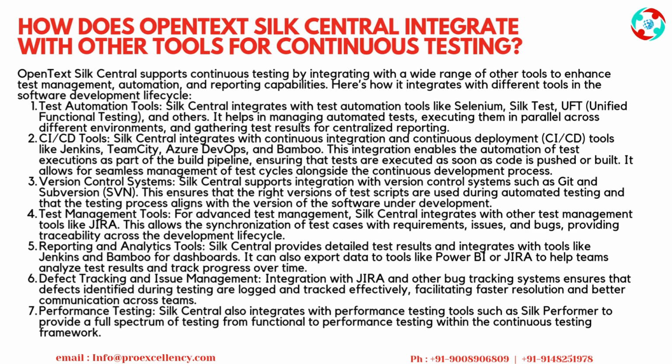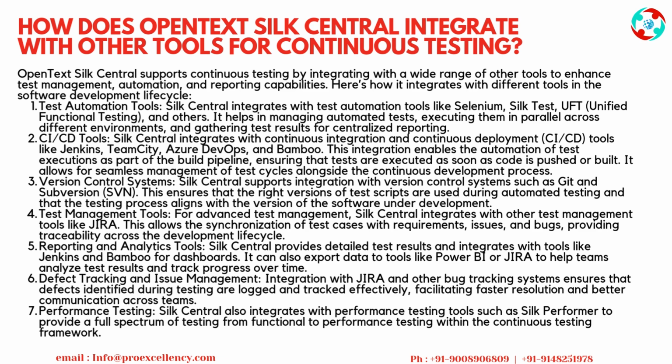Test management tools. For advanced test management, Silk Central integrates with other test management tools like Jira. This allows the synchronization of test cases with requirements, issues, and bugs, providing traceability across the development lifecycle.